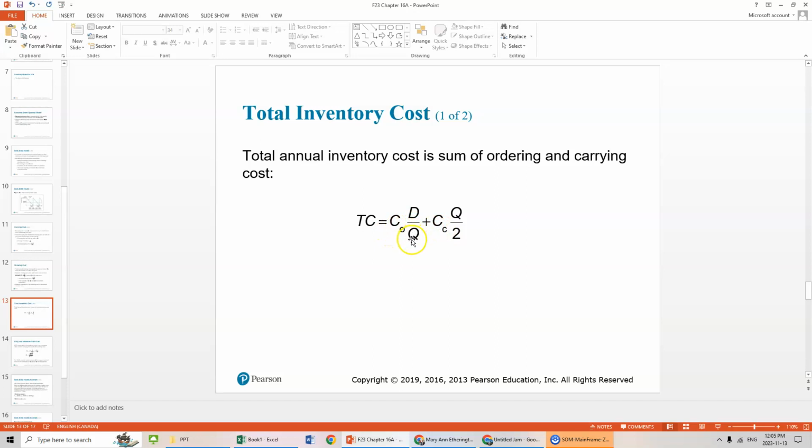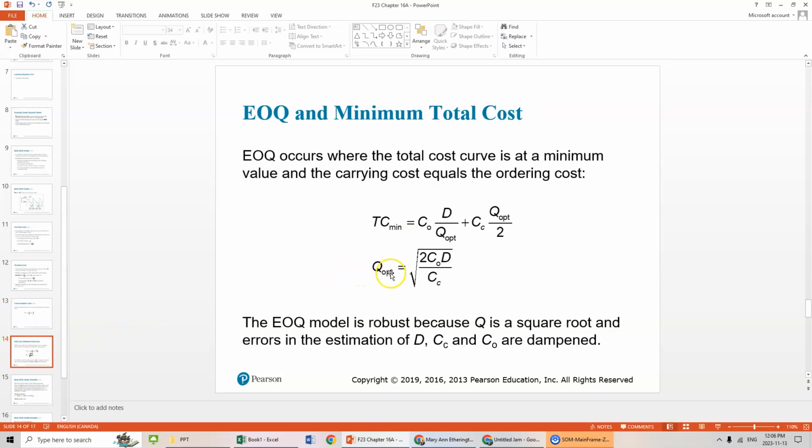So we want to order that economic order quantity Q at which our total cost is minimized. Our Q optimal is the square root of 2 times the order cost times the annual demand, over the carrying cost. And that will give us the optimal level of Q, how much we should actually order.